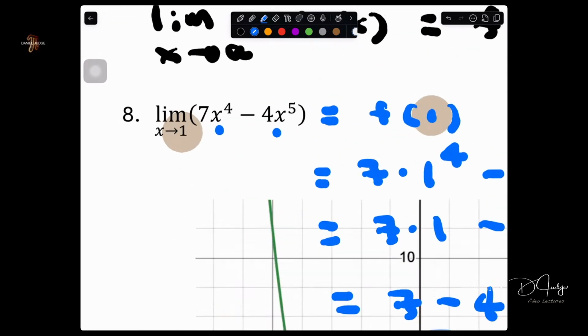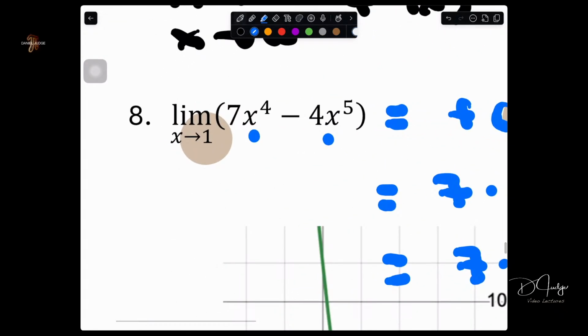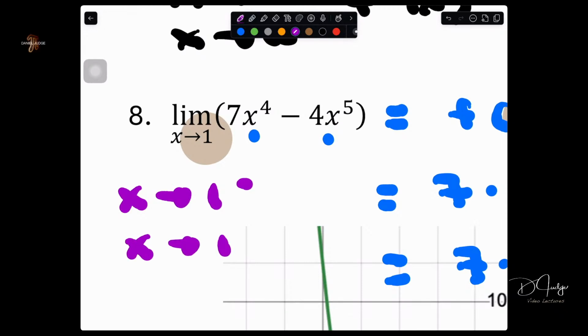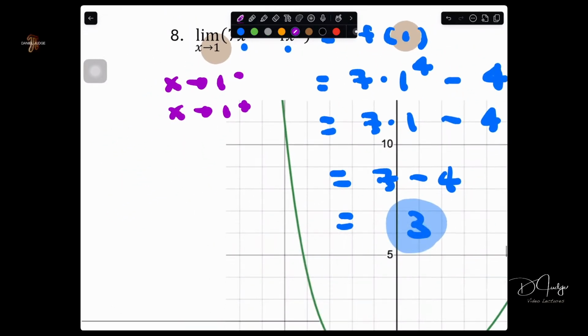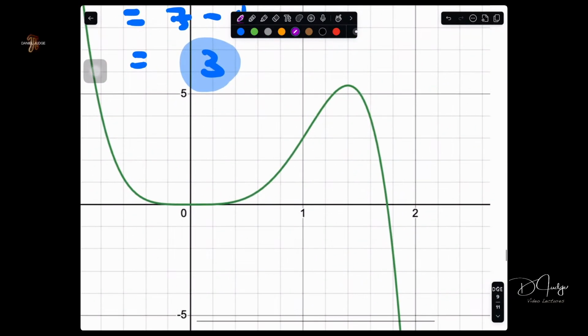And this is a two-sided limit because x is approaching 1, that implies we want to look at both the left-handed approach and the right-handed approach. So let's just verify the answer graphically. 1 is over here. So let's approach 1 from the left.